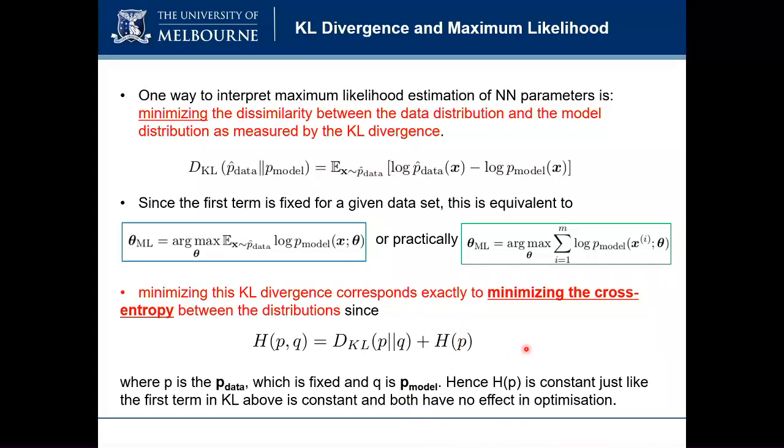So if I try to minimize my cross entropy, that is equivalent to minimizing the D_KL, which is what I was doing just a second ago, and that is the same as what I was doing in the previous slide, the maximum likelihood of theta. So all three are the same thing. You see the connections? It's really dancing around the same objective, interpreting it in different ways.